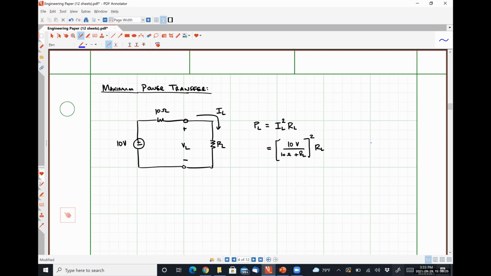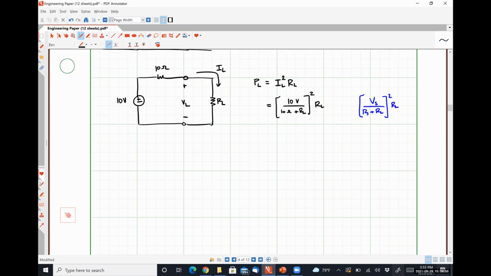So generically, this would look like VS over RS plus RL, quantity squared, times RL. All right. So if I plotted this equation, 10 over 10 plus RL, quantity squared, times RL, what it would look like is something like this.